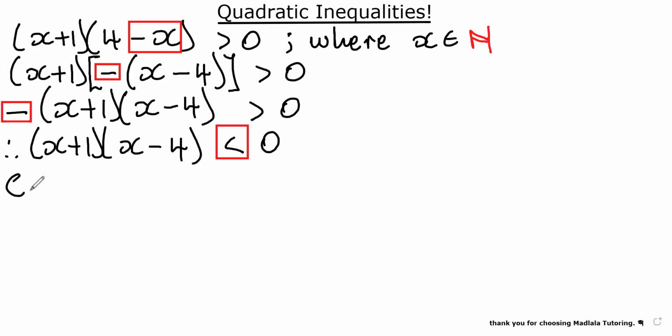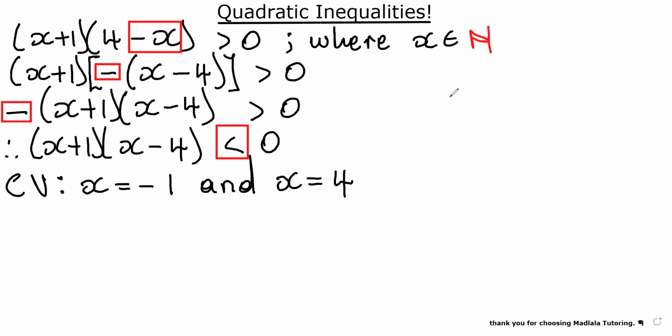So what? The critical values, I'm just going to say CV, but please remember to write it in full because the marker doesn't know what CV is. So please, you begin with the smaller one, which is negative 1. X equals negative 1 and x equals 4. So these are your critical values, all right?